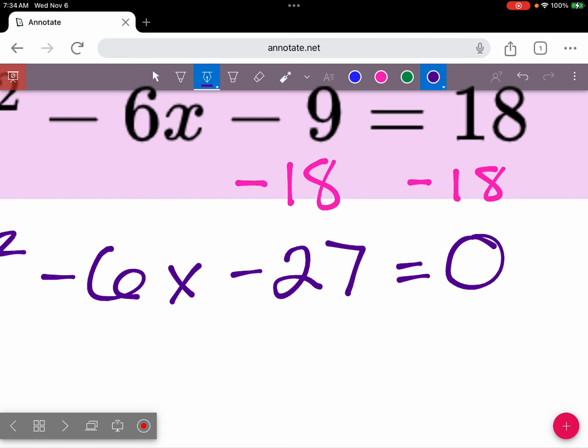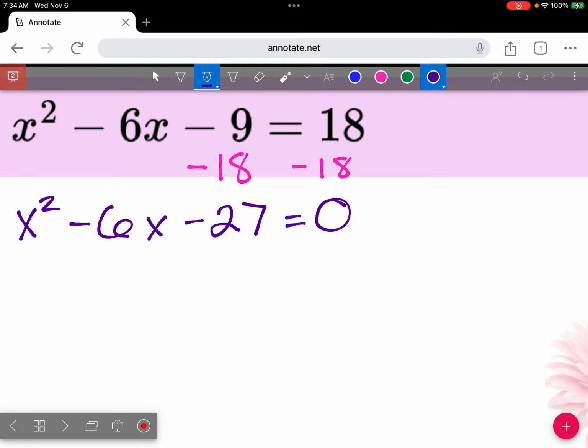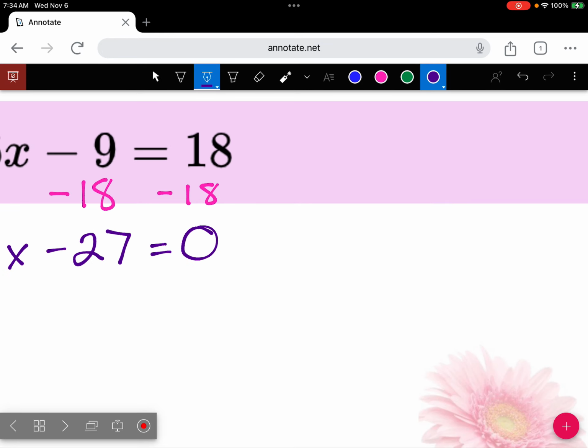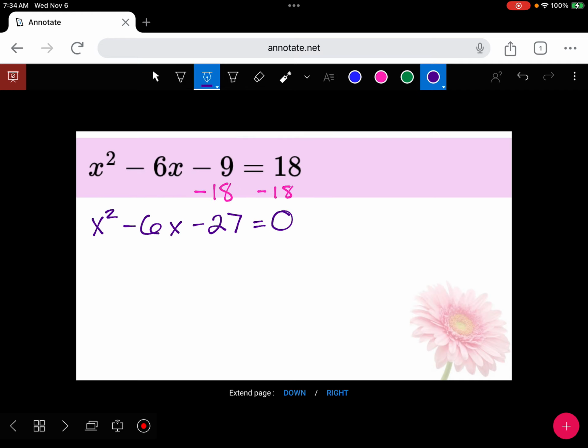So we've got it equal 0. Now we need to factor this. Divide by 3. Do I have a GCF of 3? No. Why not? There's not a number in front of x squared. It's got to come out of everybody.